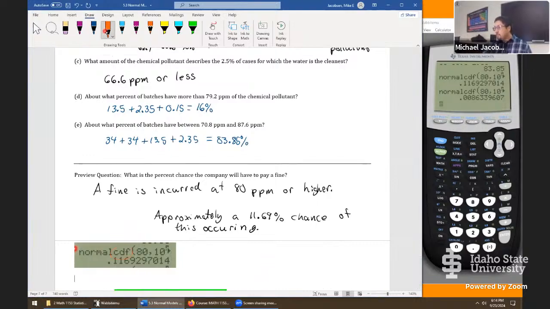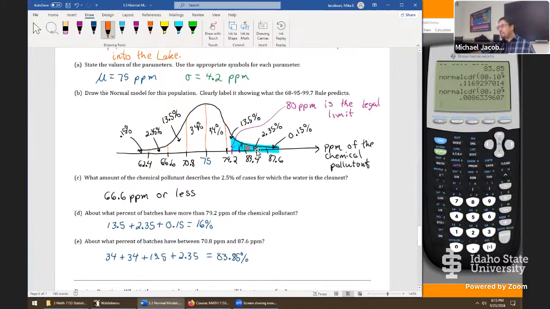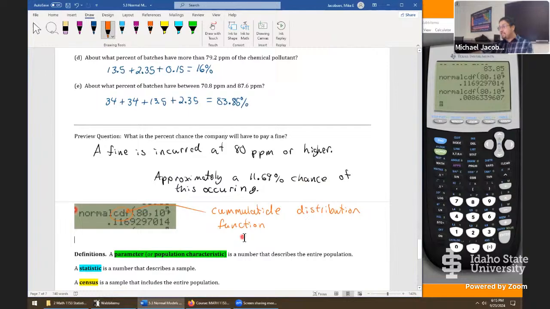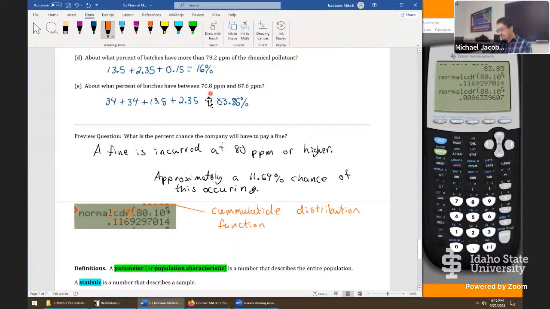CDF stands for cumulative distribution function, which is a weird statistics way of saying accumulate all of that area and tally it together. That's what normal CDF does. It gives us areas. We'll be looking into that quite a lot in the next section.